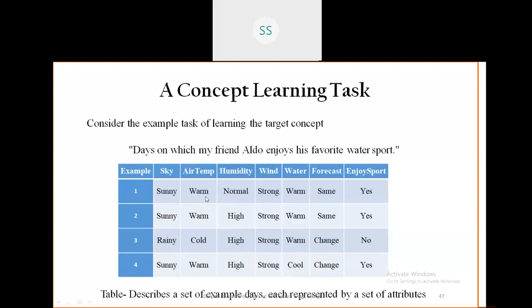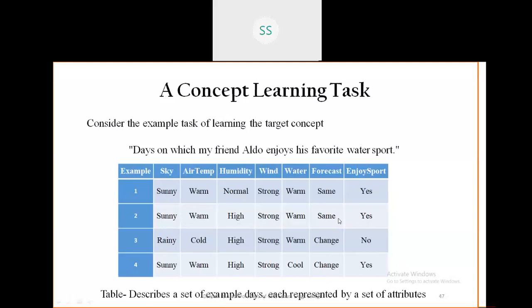Air temperature is warm, so we are not going to play the game. Again air temperature is warm, so we are not going to play. And here air temperature is warm, and humidity is normal, so we are not going to play the game. The humidity is high, but since the air temperature is warm, we are not going to play the game.